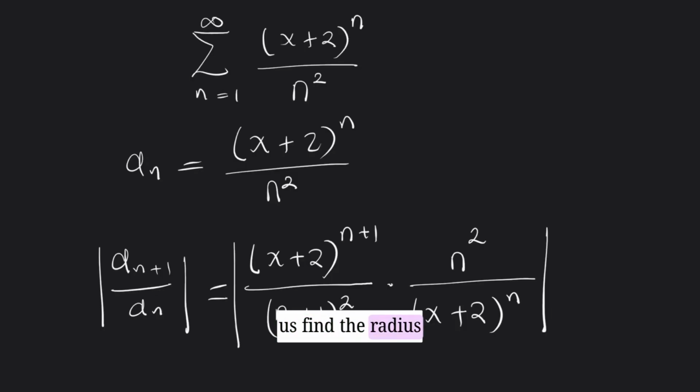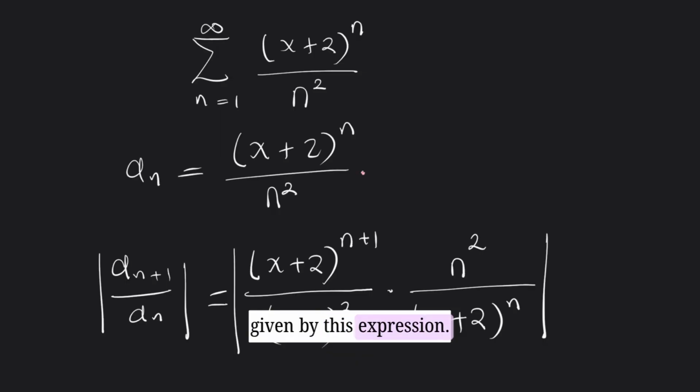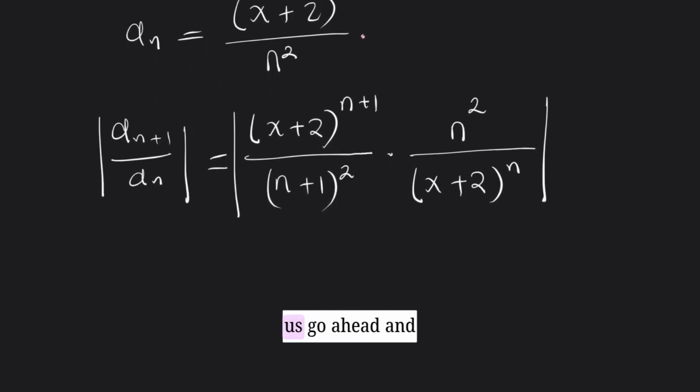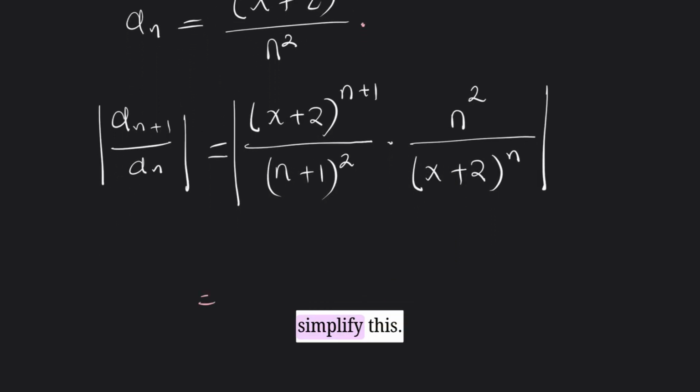Let us find the radius and the interval of convergence for this wonderful series. So the nth term is given by this expression. The first step is to take the ratio of a sub n plus 1 divided by a sub n, which is this expression. Now let us go ahead and simplify this.